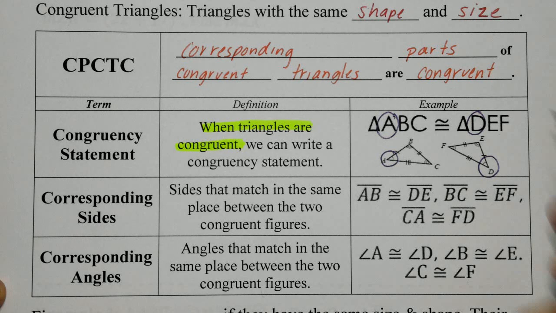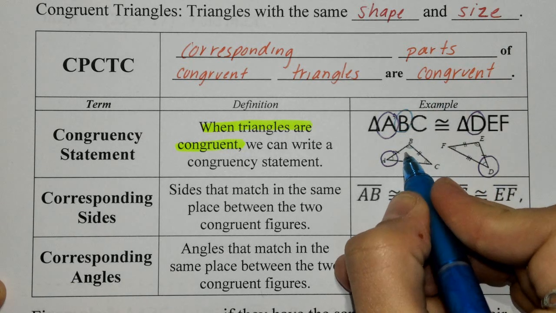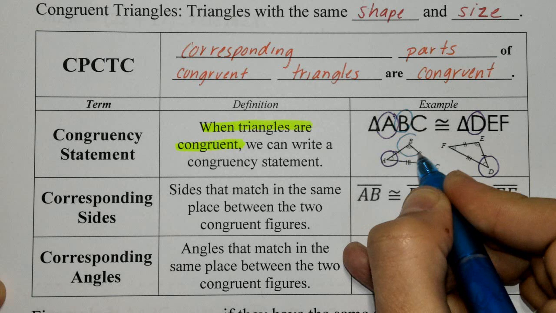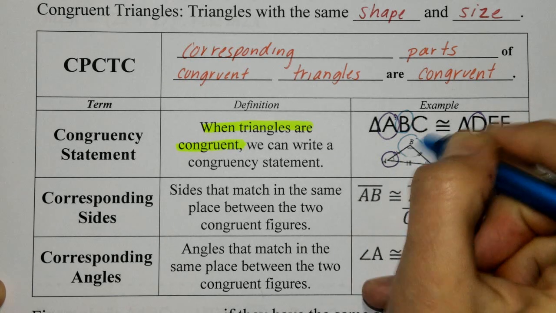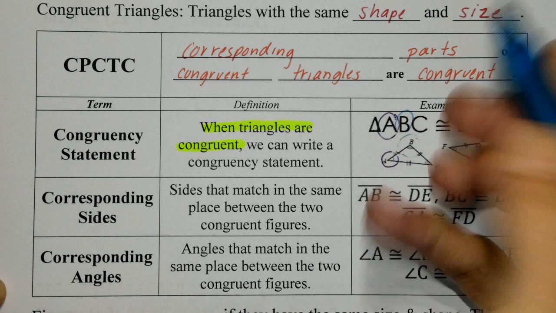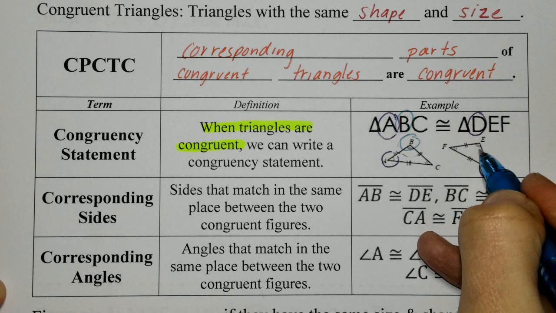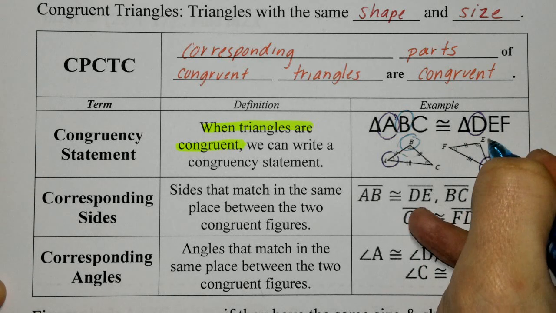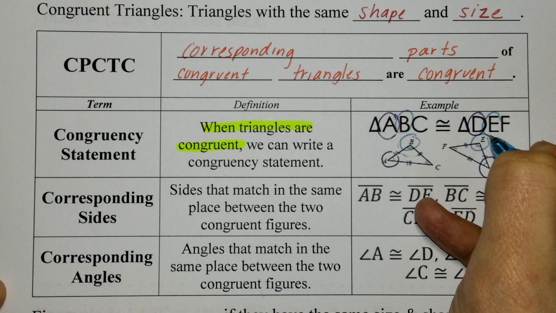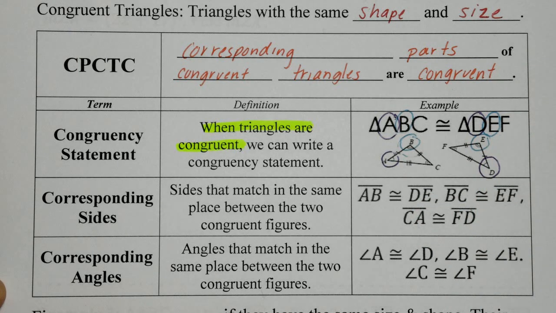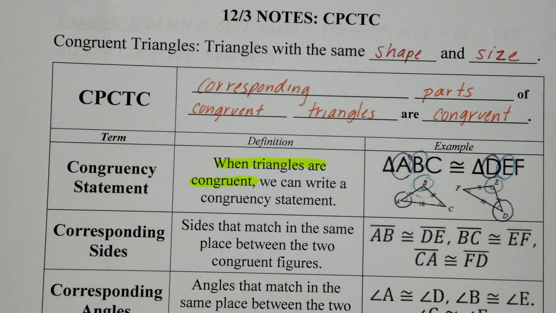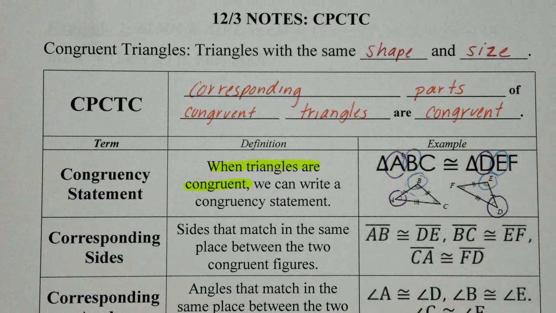Then we have B, which we look down here and we see two arcs. So we're going to match that with the two arcs on the other triangle, E. So that's why B and E are both in the middle. And then the last one is going to be, all right guys, I had a student come by and visit me.